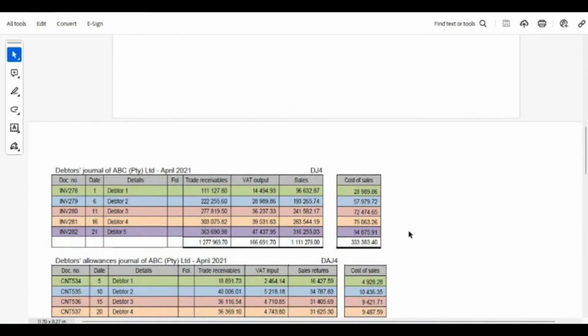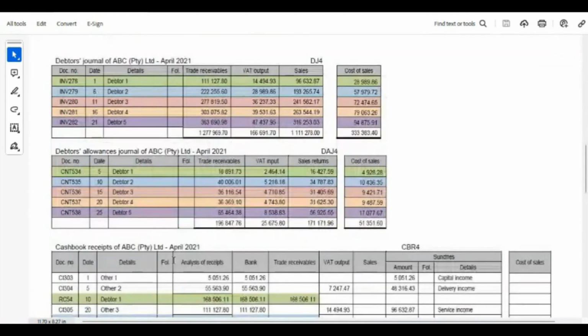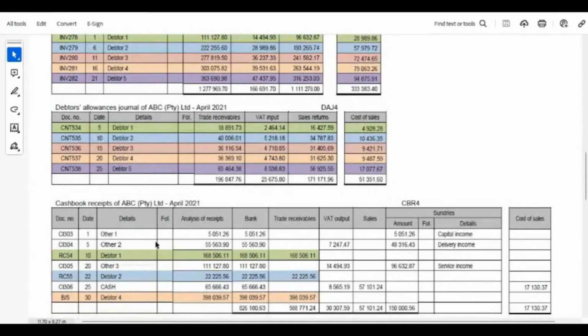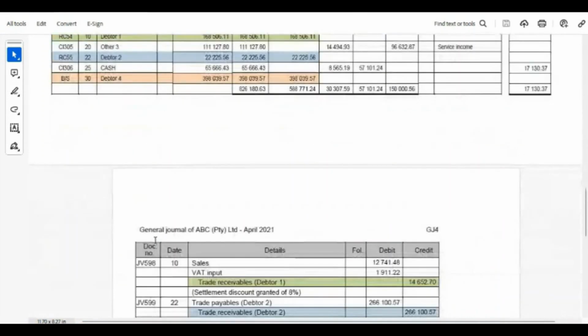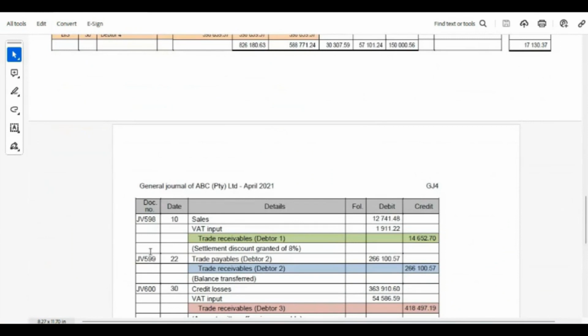Then they're going to give you a number of journals. They're giving you the debtors journal of the company for the month of April. Okay, and they give you the debtors allowance journal for the month of April. And they give you the cash book receipts for the month of April. And then, of course, they give you the general journal for the month of April.